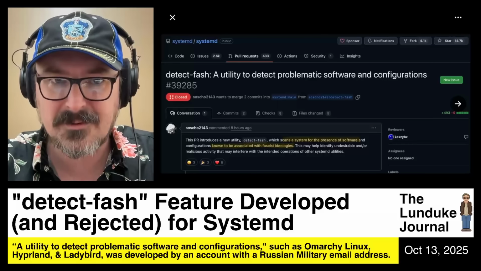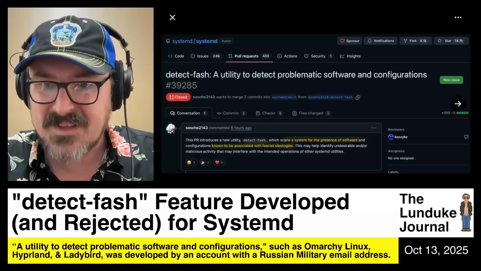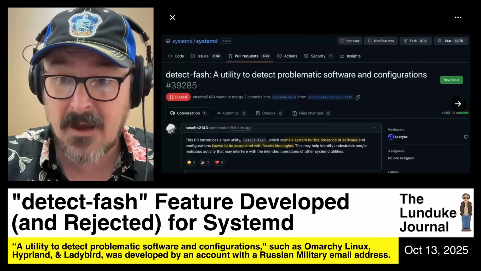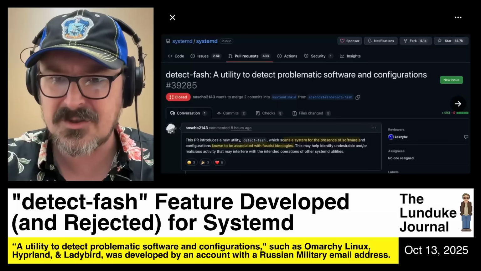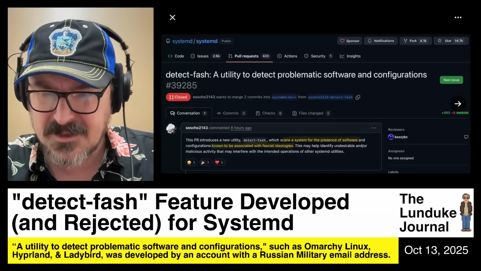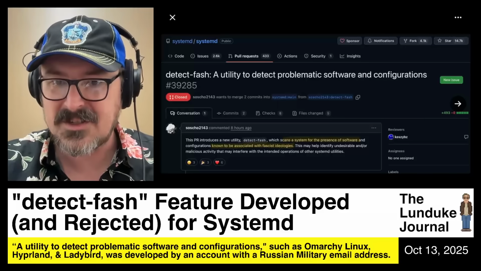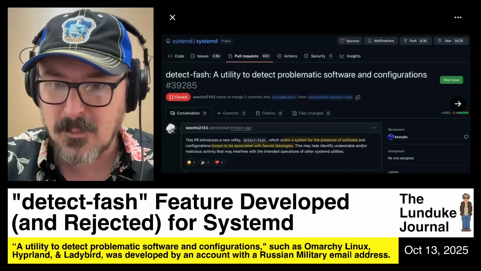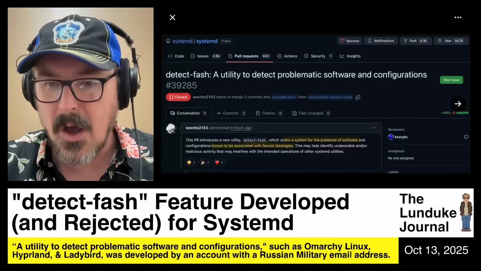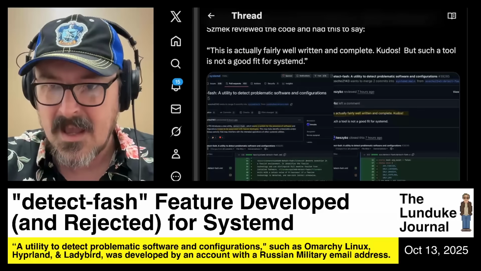This pull request introduces a new utility, detect-fash, which scans a system for the presence of software and configurations known to be associated with fascist ideologies. This may help identify undesirable and or malicious activity that may interfere with the intended operations of System D, or of other System D utilities.